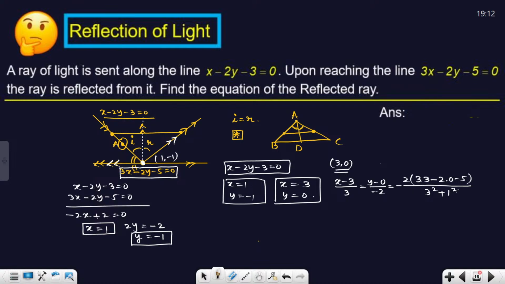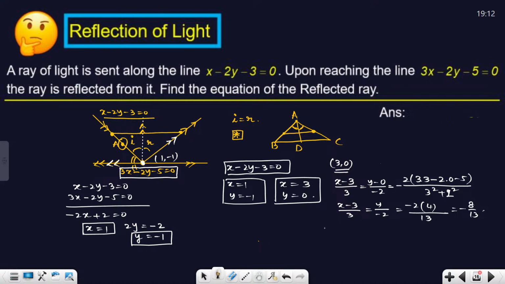I'm sorry, 3 square plus 2 square, not 1 square. So we are having (x minus 3) over 3, y over minus 2 equals minus 2 times, and it comes to minus 8 over 13.